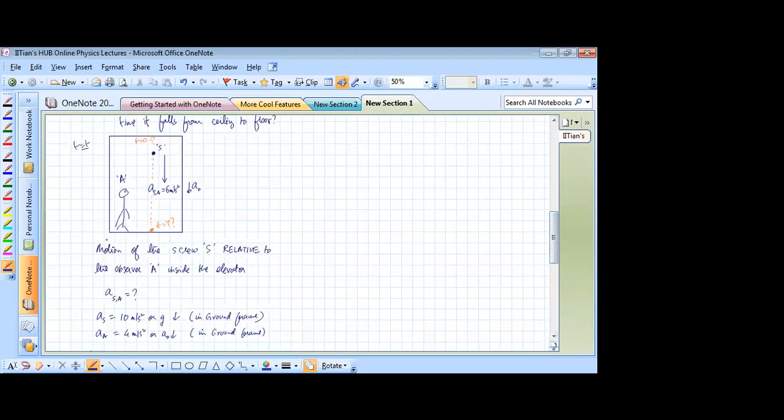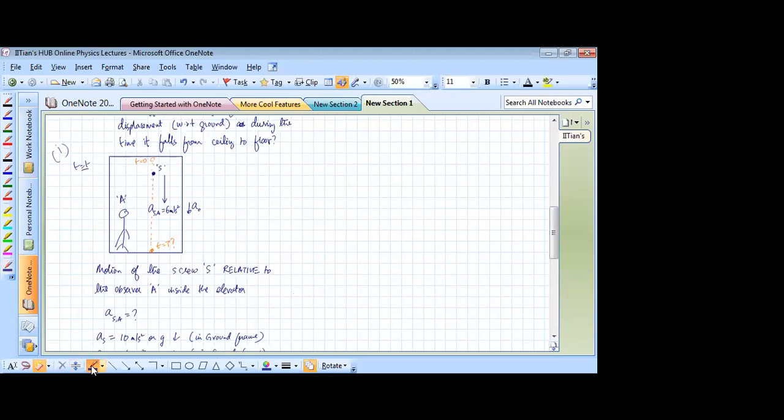So this is the beginning of the first part of the solution. So this is the motion of this relative to this.